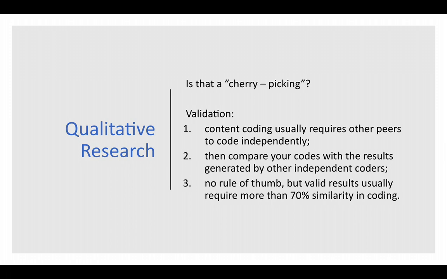So each of you is going to code the 100 documents independently, right? After you all finish it, you compare your results. There's no rule of thumb for how much overlap you should get, but valid results usually require more than 70% similarity in coding.